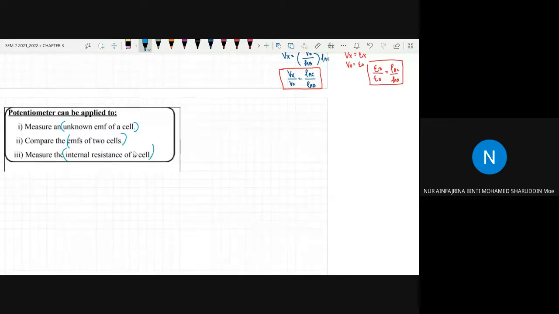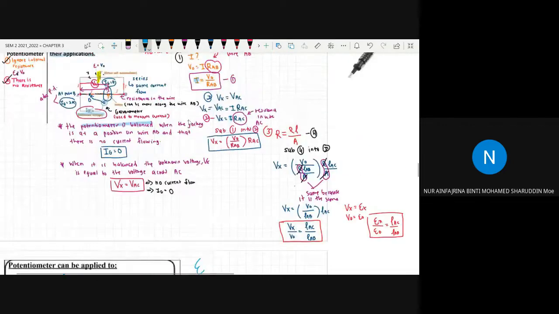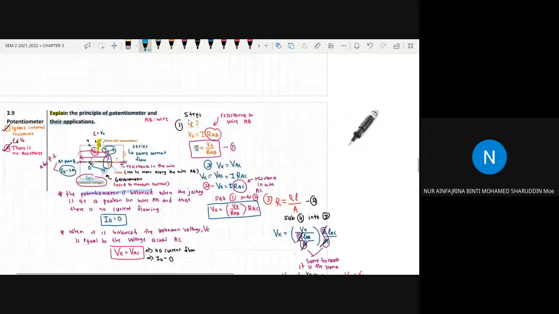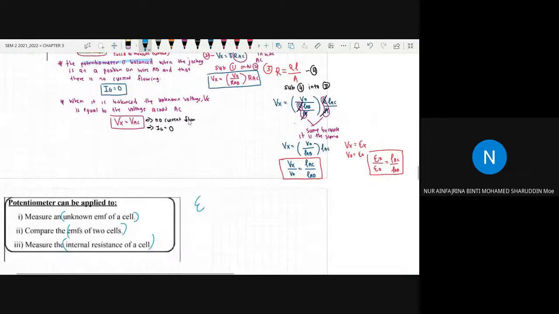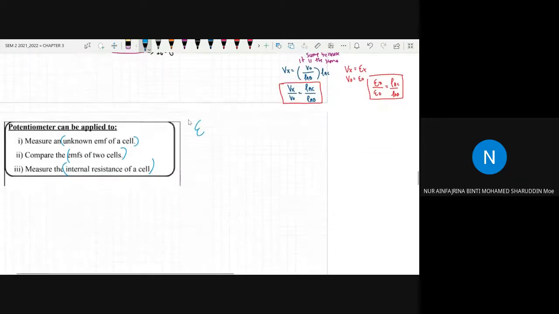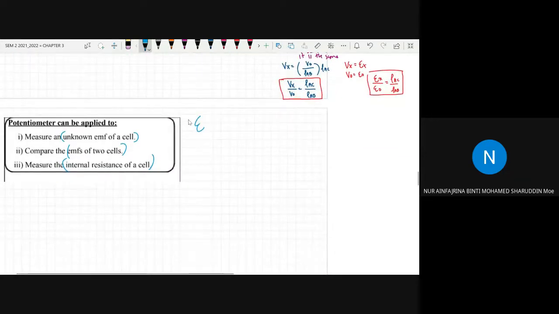Yes, we did ignore the internal resistance, tetapi lepas kita dah dapat dia punya EMF, kita boleh cari internal resistance dia. Okay, so kita akan connectkan balik dengan wire lain kan, dan kita boleh cari dia punya internal resistance. But before kita boleh cari internal resistance dia, kita kena tahu dulu dia punya EMF. So that's the function of potentiometer.